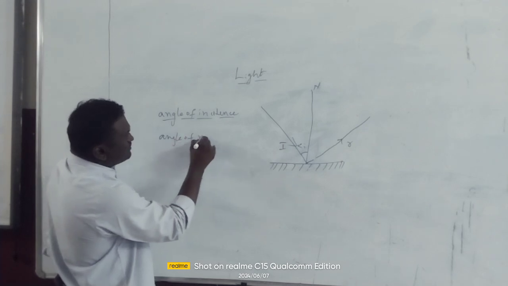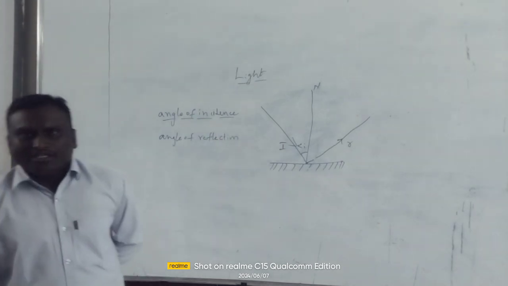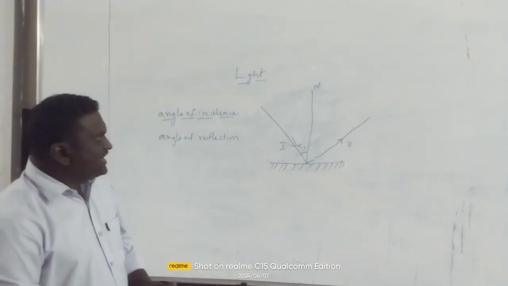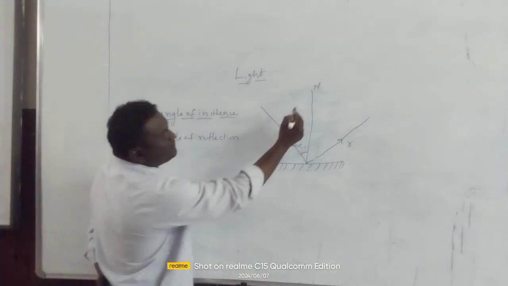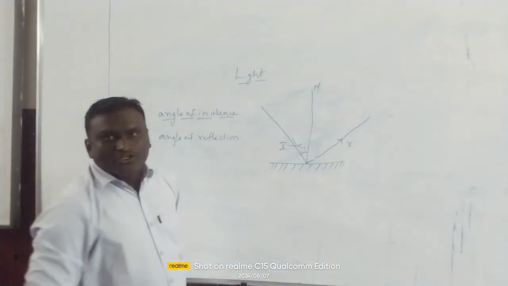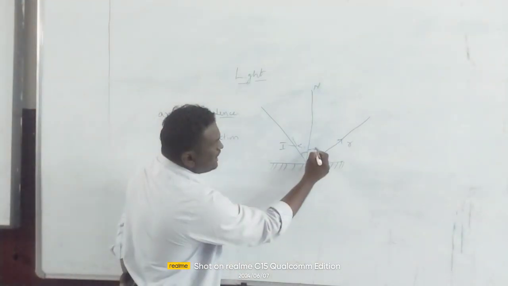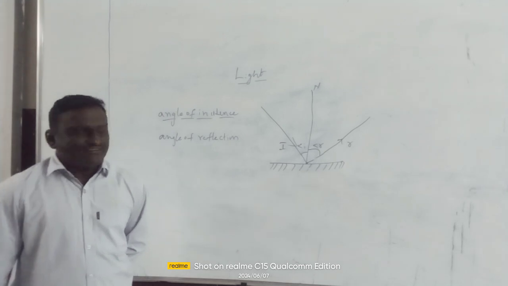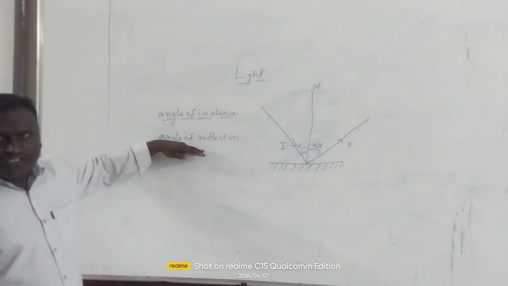Next one, angle of reflection. The angle of reflection is the angle between the normal and the reflected ray. Okay, what is the difference between angle of incidence and angle of reflection?